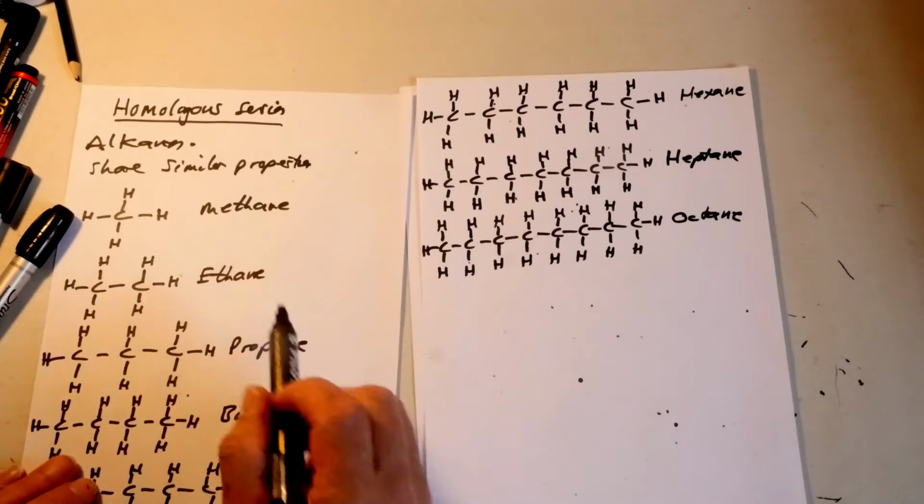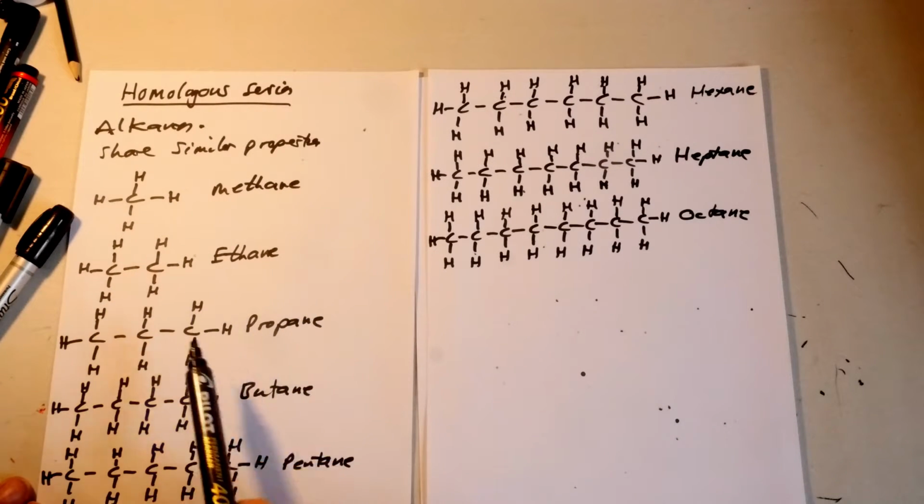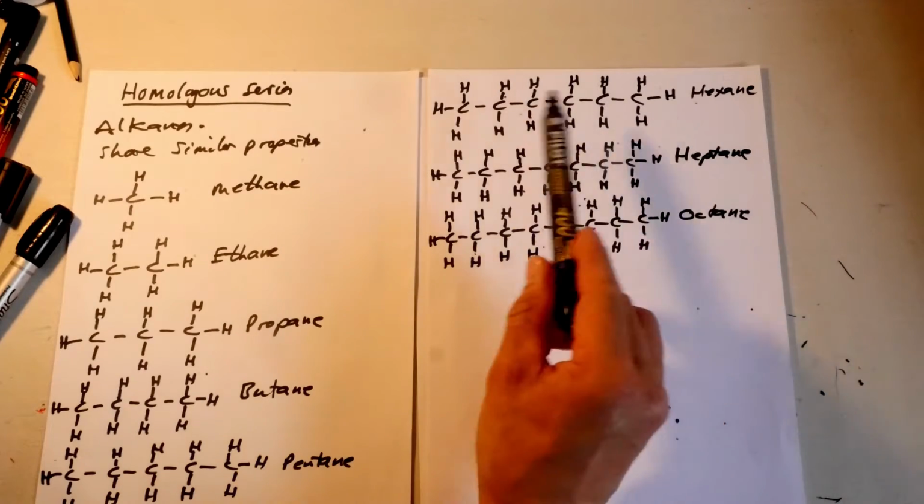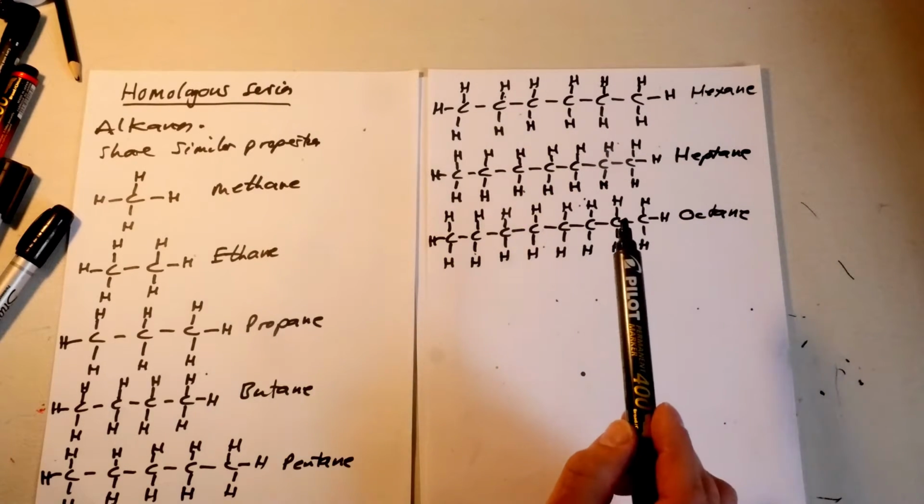So methane is 1 carbon, ethane 2, propane 3, butane 4, pentane 5, hexane 6, heptane 7, octane 8.